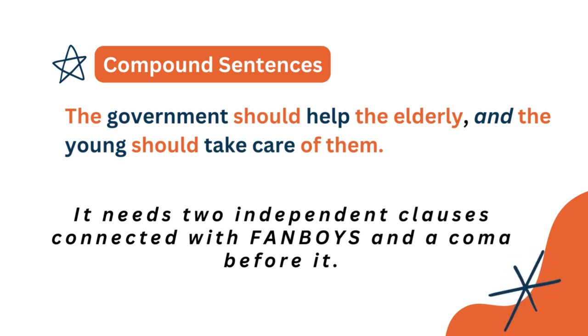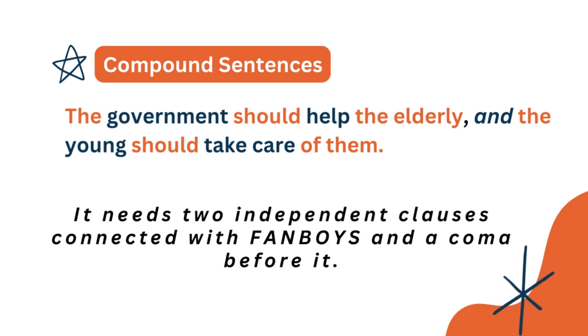The government should help the elderly. Now here, the government is a subject. Help is a verb. In the second clause, the young is a subject and take care is a verb. These two clauses are connected together with the help of and.